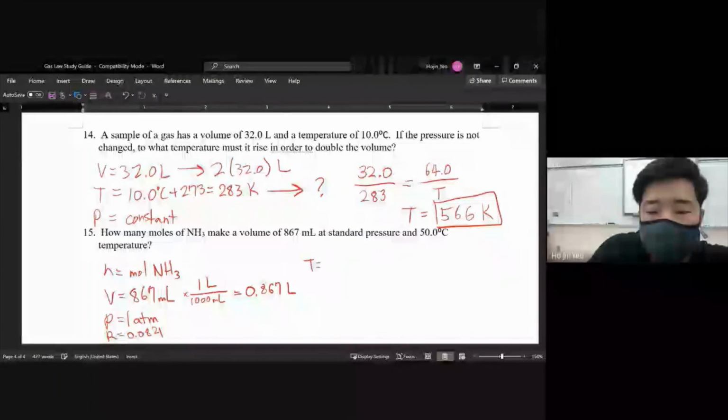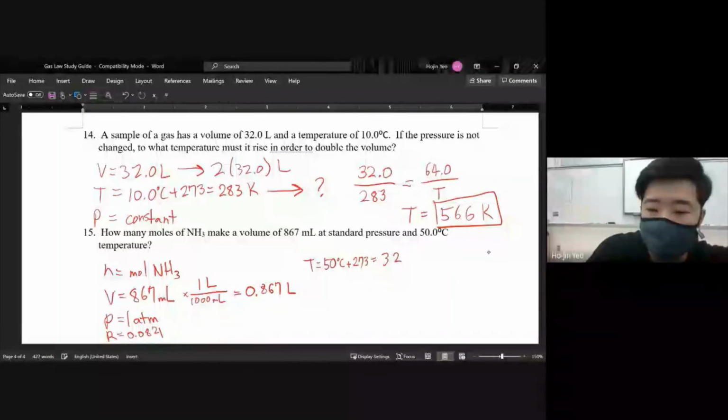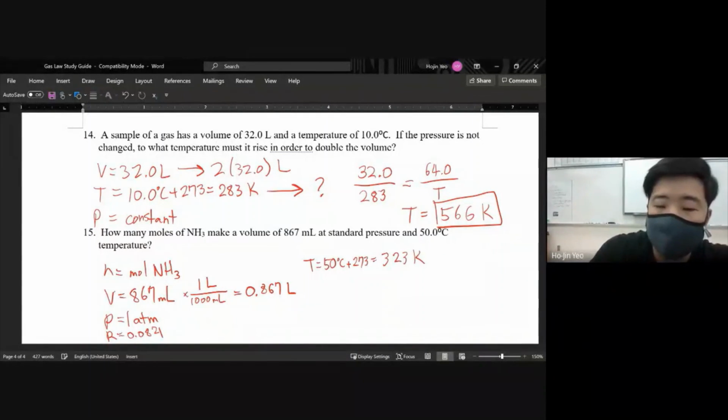Now the temperature in this case is 50 Celsius. So in order to convert that into Kelvin, we add 273. So that should give you 323 Kelvin.